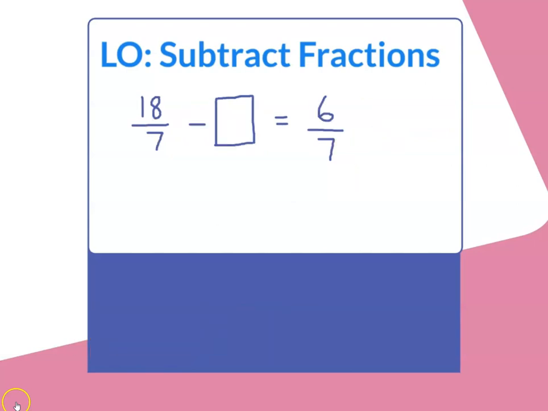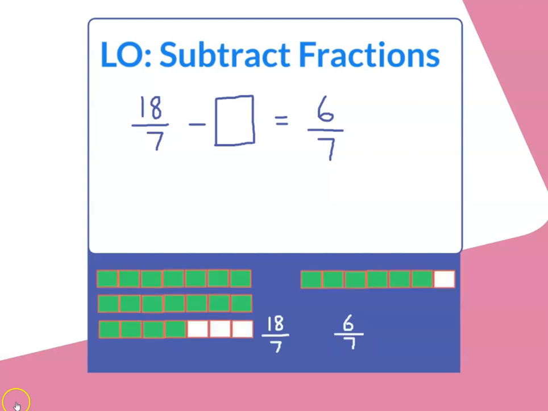Complete the missing part of the equation. 18/7, take away a missing fraction equals 6/7. I want you to illustrate that calculation using a bar model and then complete the equation. Pause the video now and try it at home.